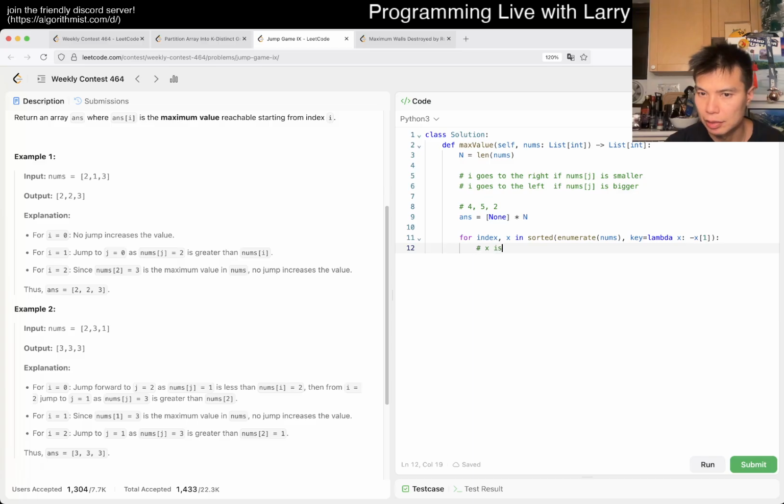Okay, so X is the biggest number we've seen so far, and then now we go everything to, as long as you make sure, that's awkward.